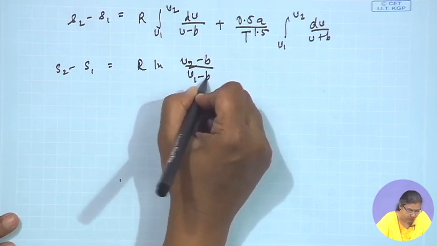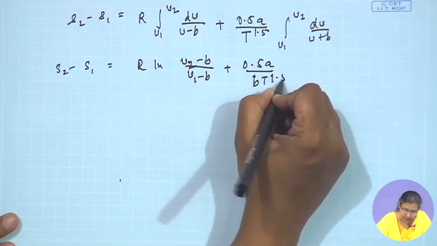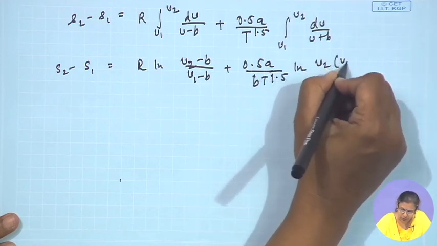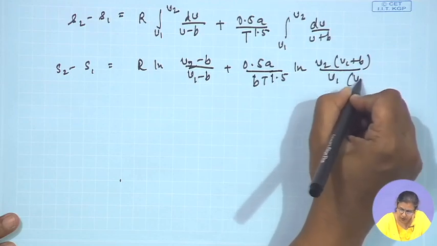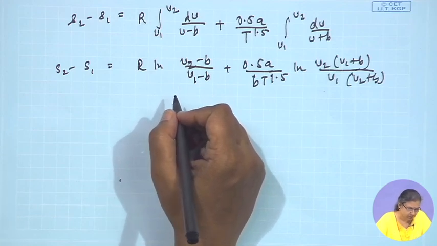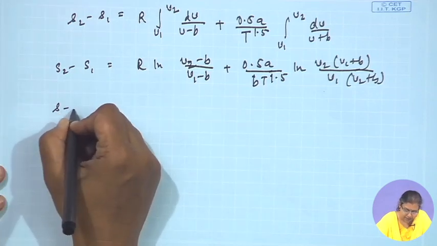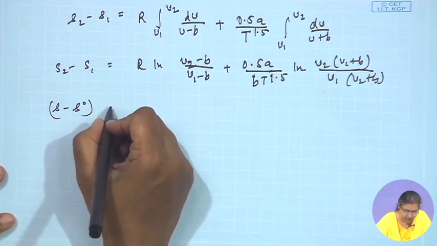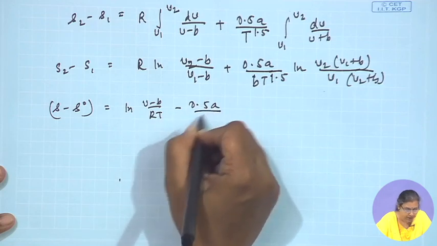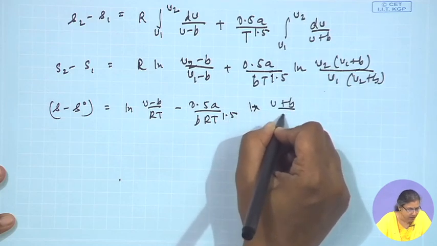I am calculating this out because this is quite commonly used in hydrocarbon industries, and since this is slightly involved, if you rearrange it properly, finally you get S minus S0 equal to R ln (V minus B) by RT minus 0.5 a by B (RT) to the power 1.5 ln (V plus B) by V.